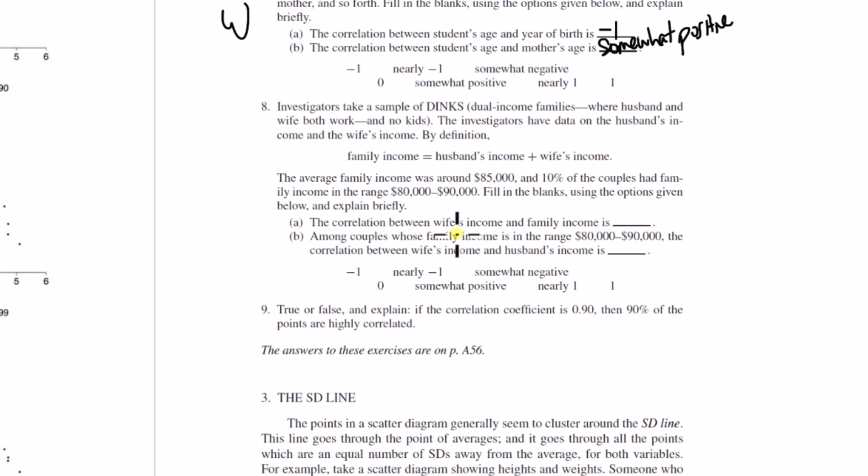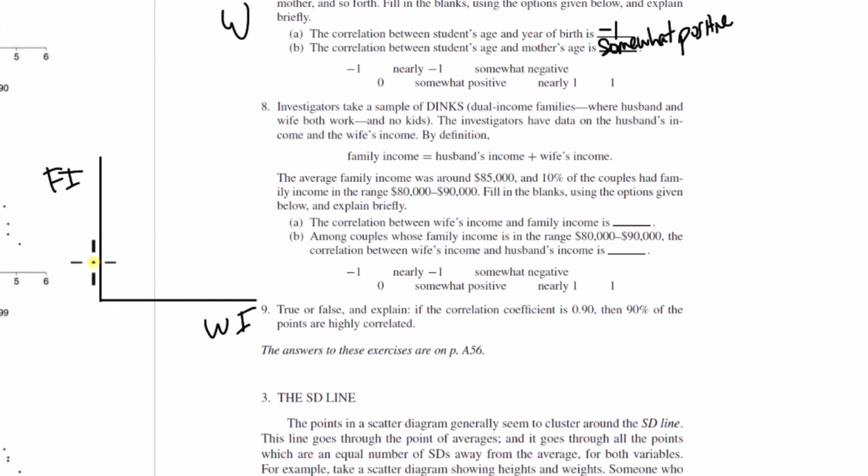The correlation between wife's income and family income is, okay, so the wife's income and the family income. So I guess we're going to assume that the husband makes a little bit more than the wife. So for each data point here, let's say we're here on the wife's income.